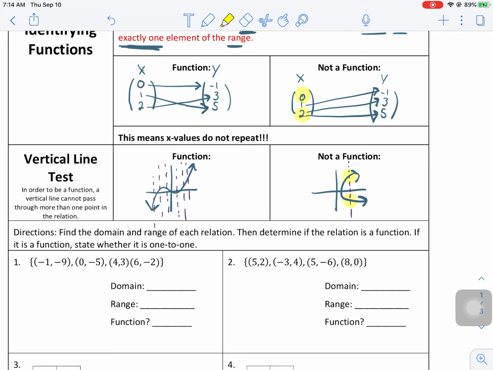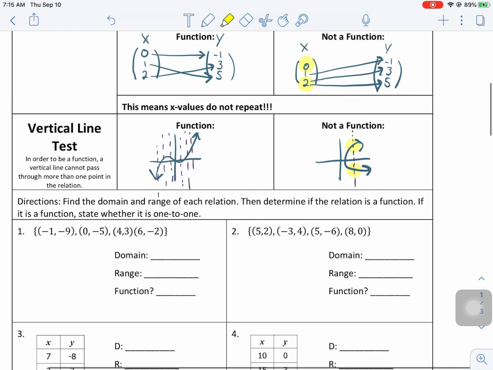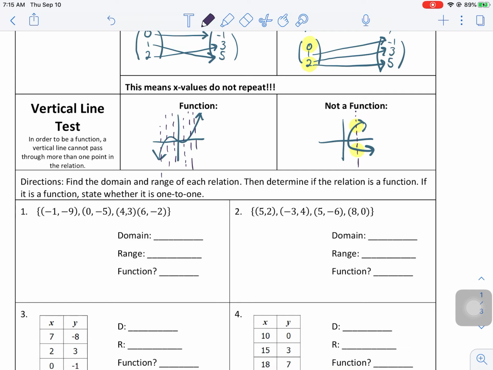All right, so this next section says find the domain and range of each relation. Then determine if the relation is a function. If it is a function, state whether it is one-to-one. What does one-to-one mean? It means that each x has a unique y value.